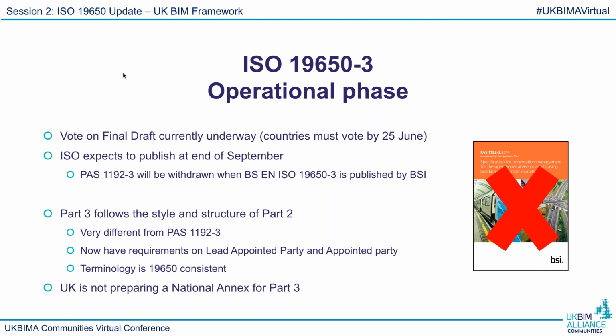And there is not going to be a national annex for Part 3 in the UK. Any country adopting an ISO standard can supplement it with a national annex if they feel the need. We have one for ISO 19650 Part 2 in the UK, of which we'll be hearing more later this morning. But there's not going to be one for Part 3.